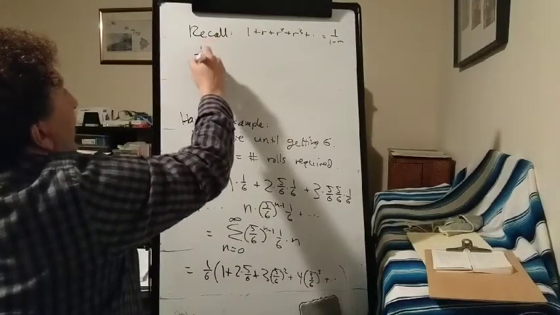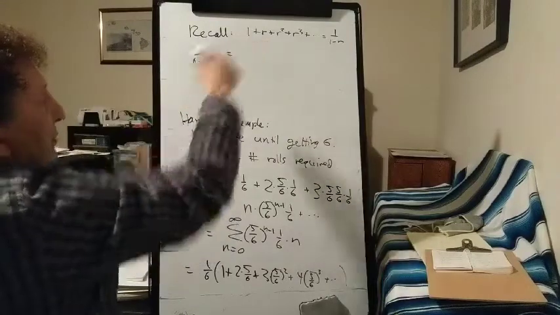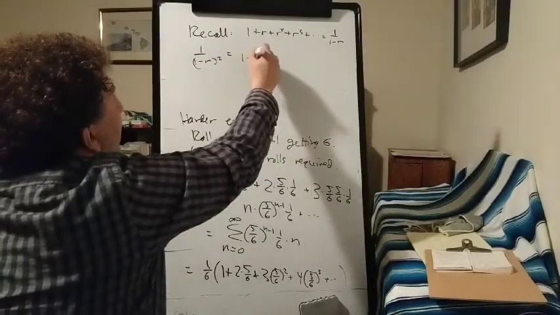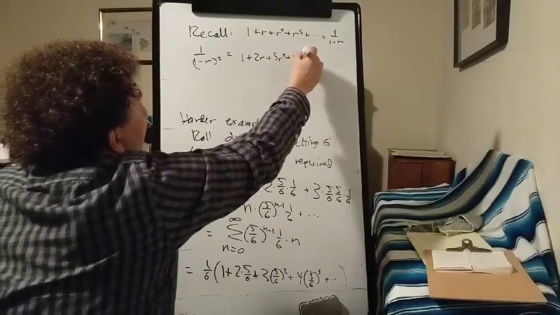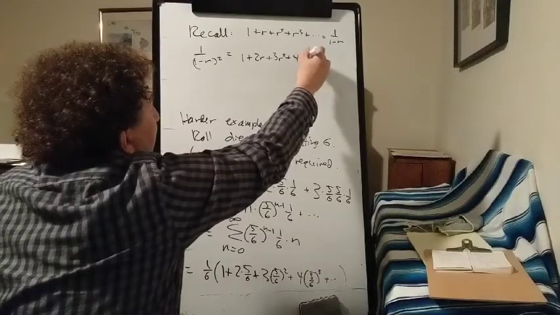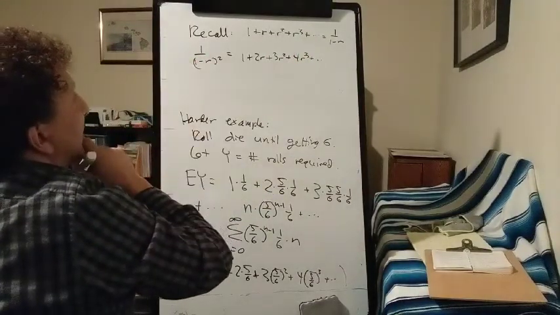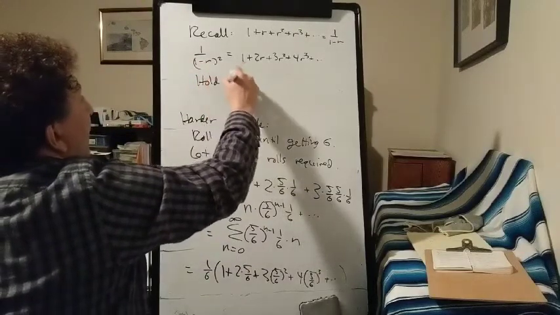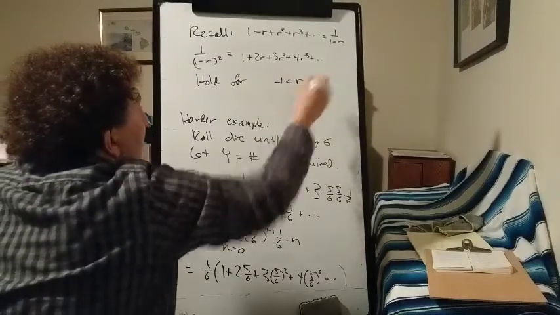And then 1 over (1 minus r) squared is the derivative of that, or we could square the power series. And that ends up being 1 plus 2r plus 3r squared plus 4r cubed, etc. All of this is equal to 1 over (1 minus r) squared. At least these hold for r between -1 and 1.